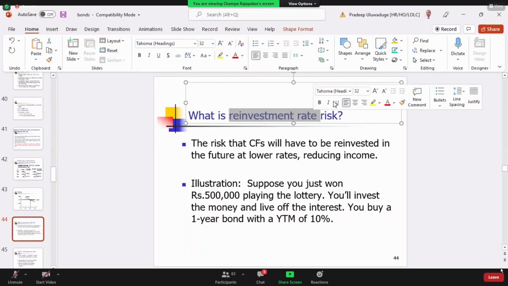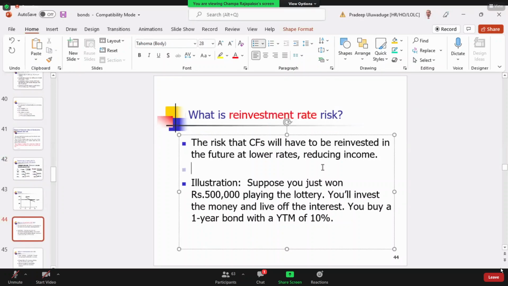It is the risk that cash flows will have to be reinvested in the future at lower rates, which will result in a reduction of income for the bondholder.